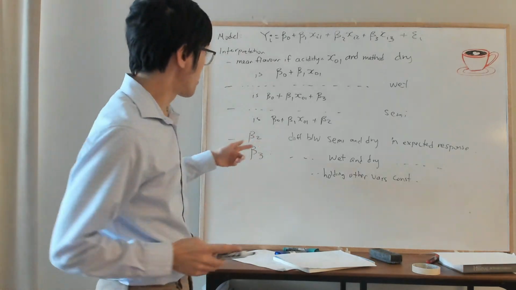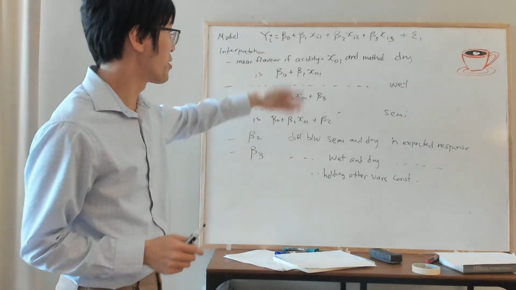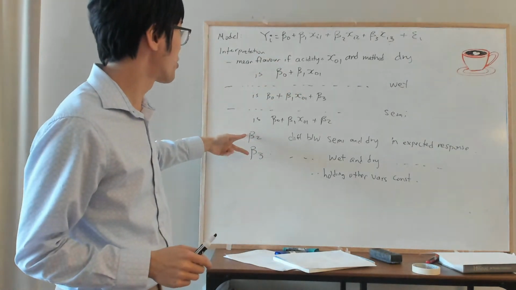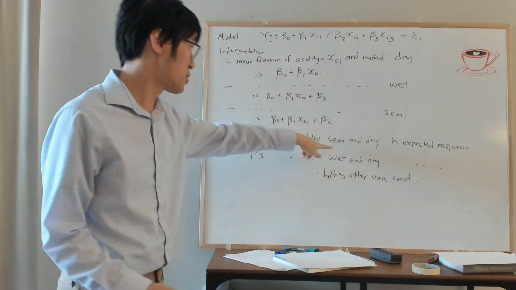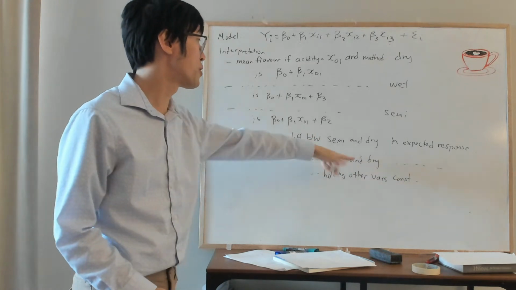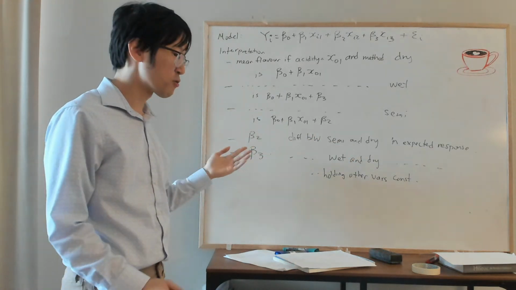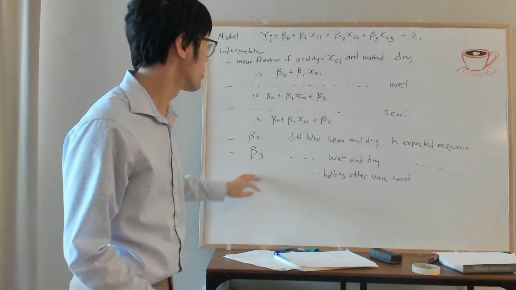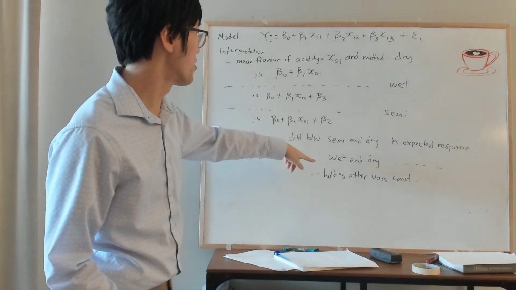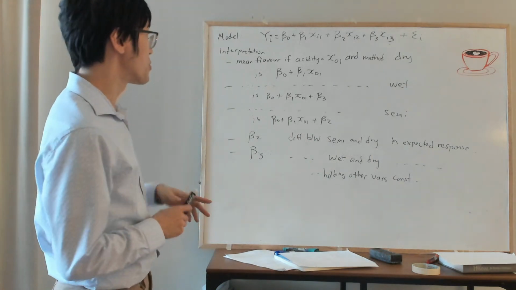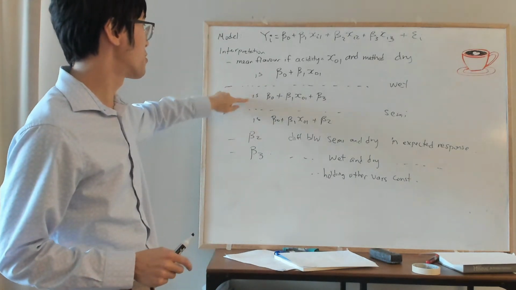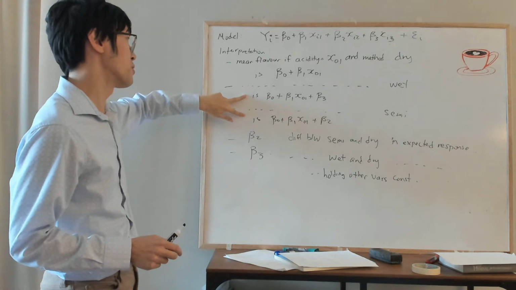Okay, but there are in fact 3 comparisons. So we've only had the parameters directly represent 2 of them. So beta 2 is difference between semi and dry. Beta 3 is difference between wet and dry. So how would we describe the difference between what's left? Semi and wet, right? So the difference between semi and wet, well, you would actually have to take the difference of these 2 lines.